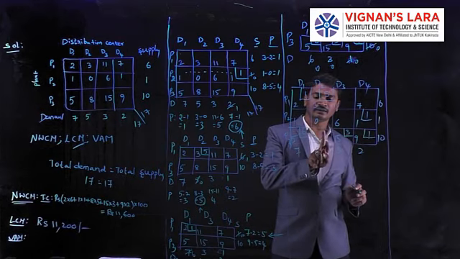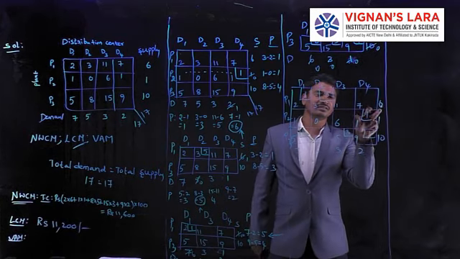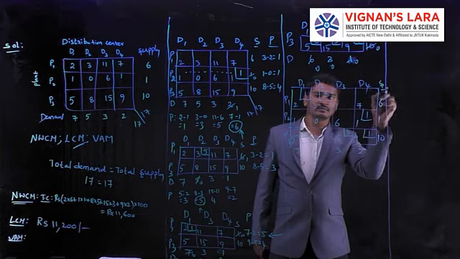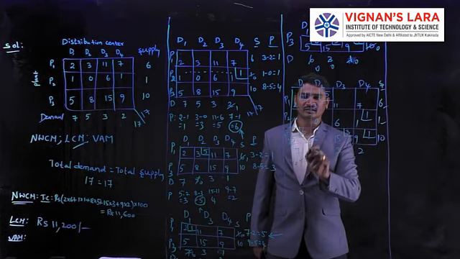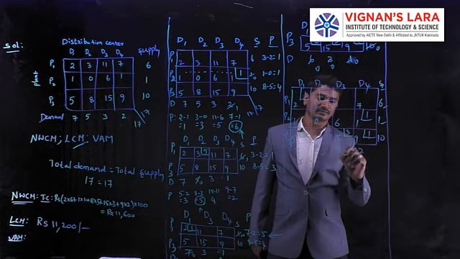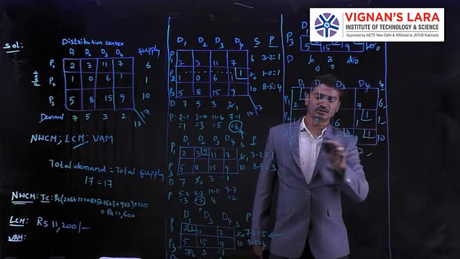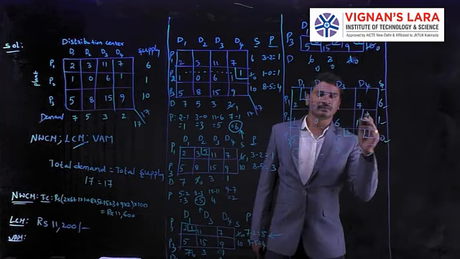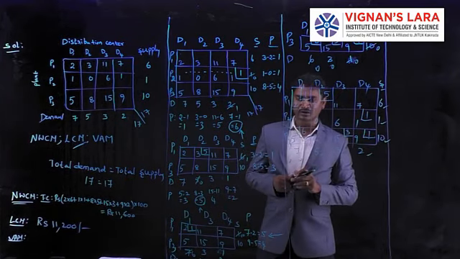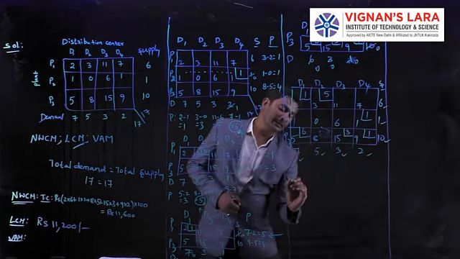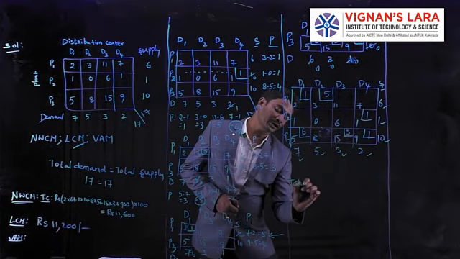Here, the total sum 1 plus 5 equals 6, this supply, here 1 satisfied. Here, 1 plus 6 is 7, 5, 3, 1 plus 1 is 2. Here, 6, 3, 1, 10. It's the balanced transportation problem, and the total supply is equal to total demand. It is satisfied. Now we are going to calculate the total cost.